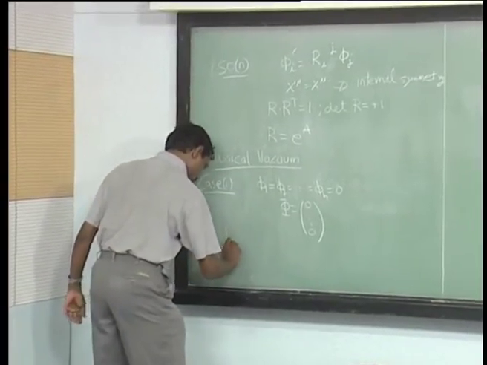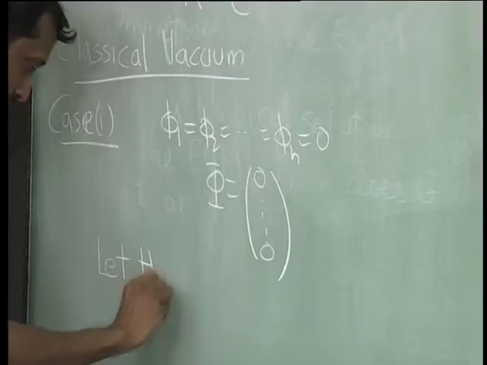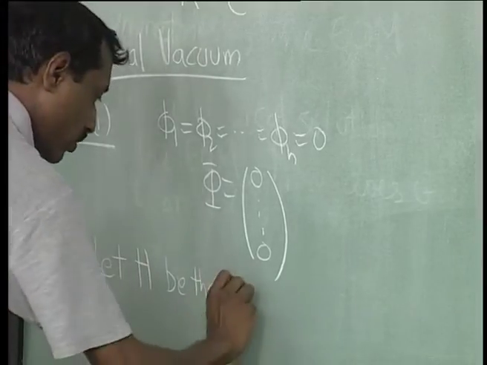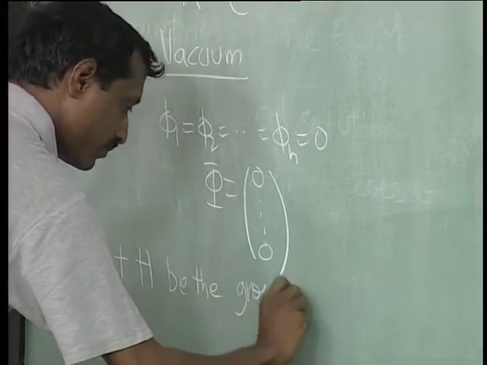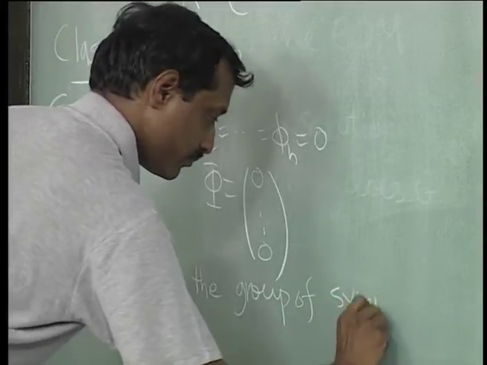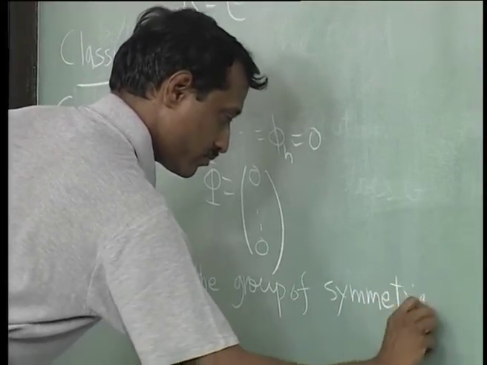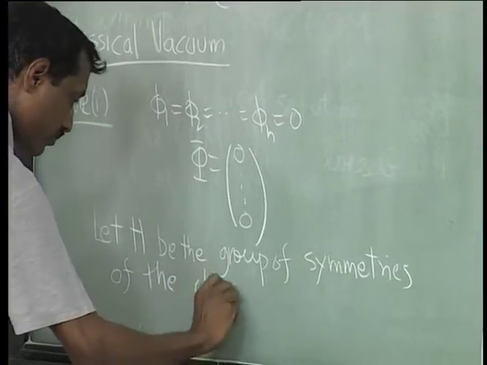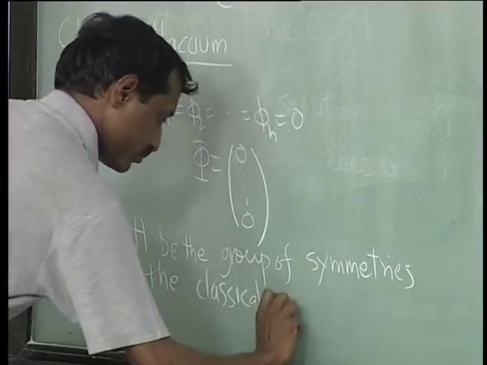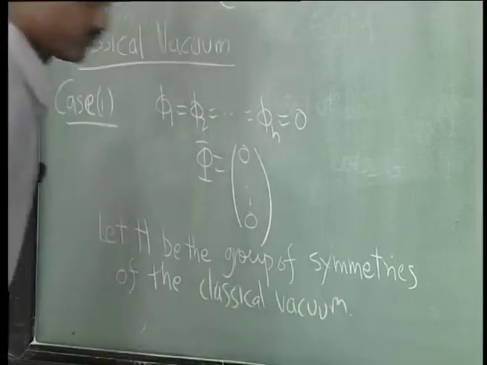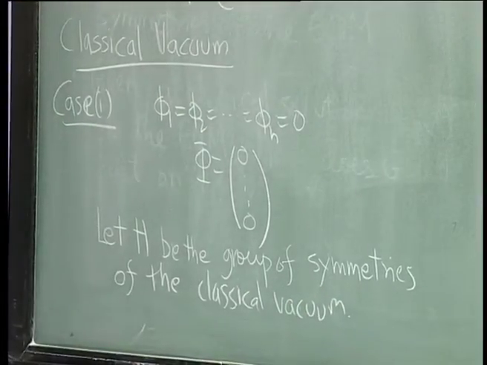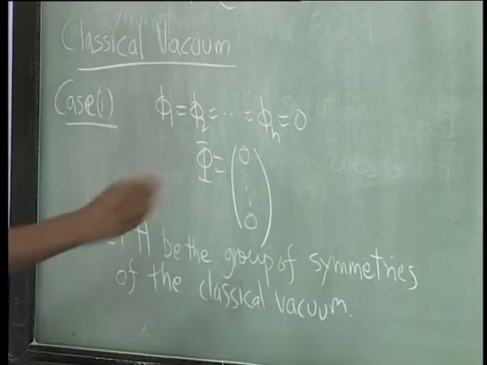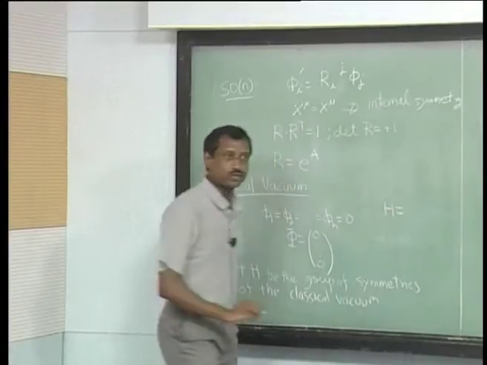Okay. So, let me just define. Let H be the group of symmetries of the classical vacuum. Okay, this will also form a group, obviously, by the same argument, but in this case here H is also equal to SO(N).